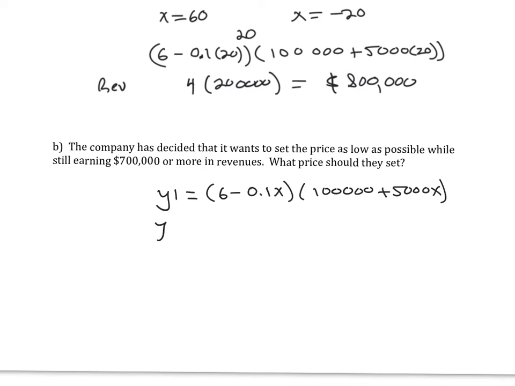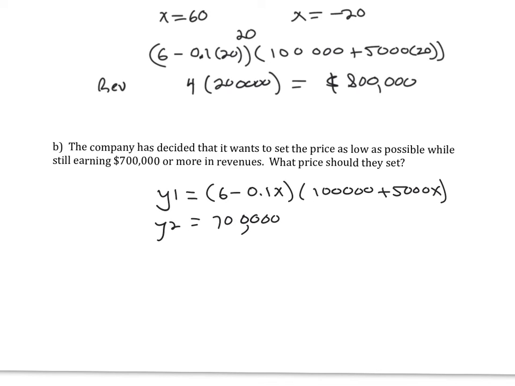And then in Y2 you would graph Y2 equals 700,000. And what we want to do is find what would be the lower price where we could earn 700,000 in revenues.